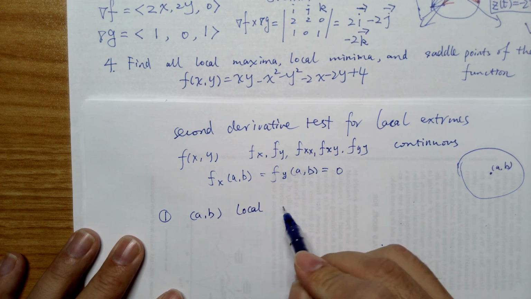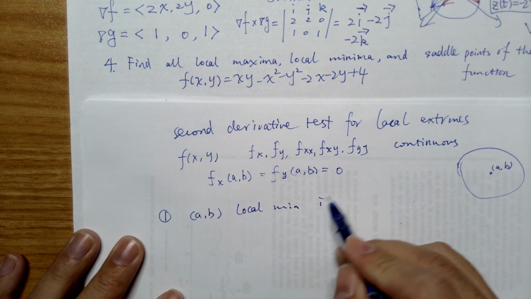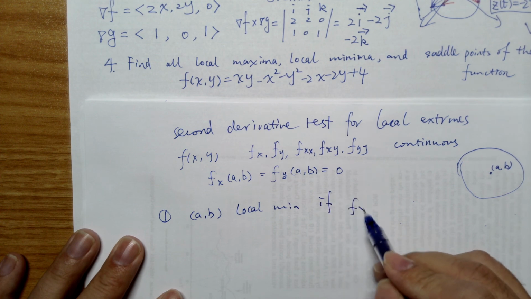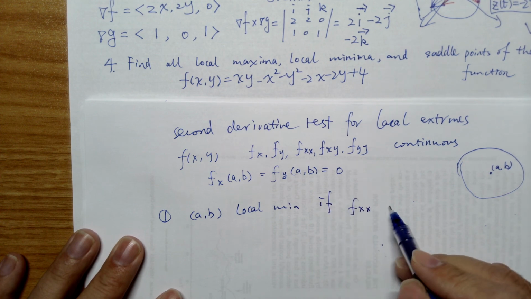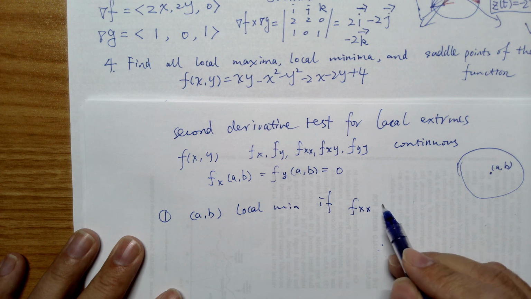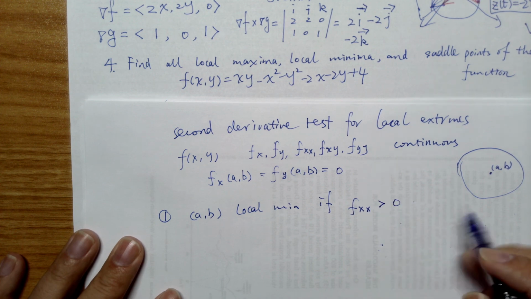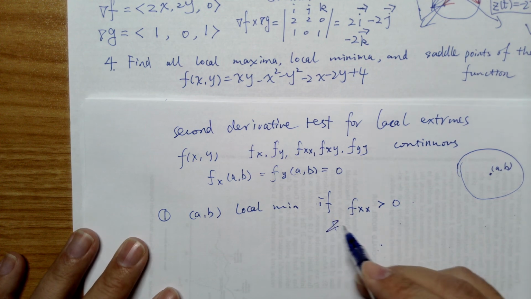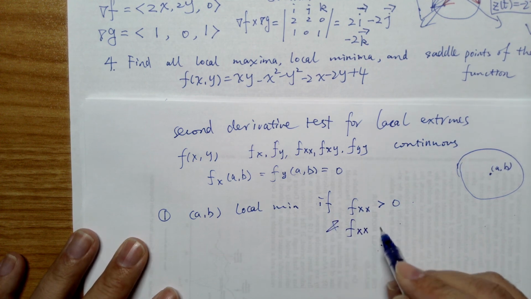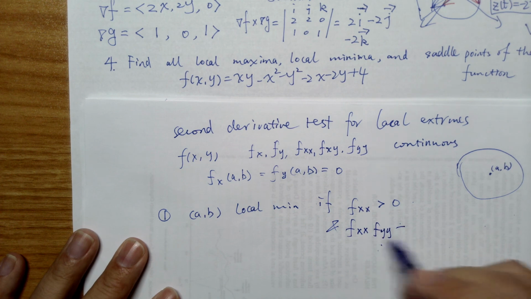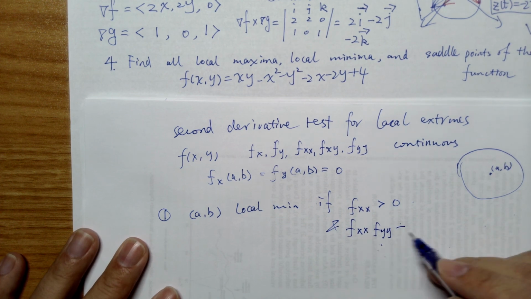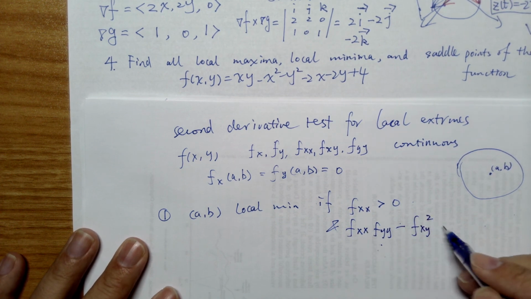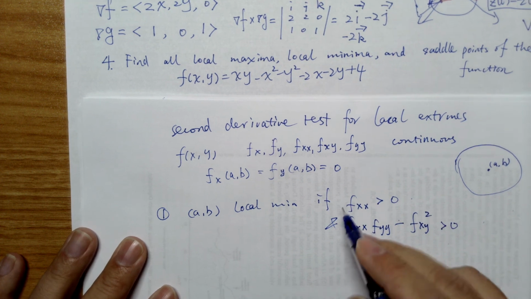The point (a, b) is going to be a local min if the second derivative evaluated at this point is greater than 0, and meanwhile the discriminant, which is here, is greater than 0.